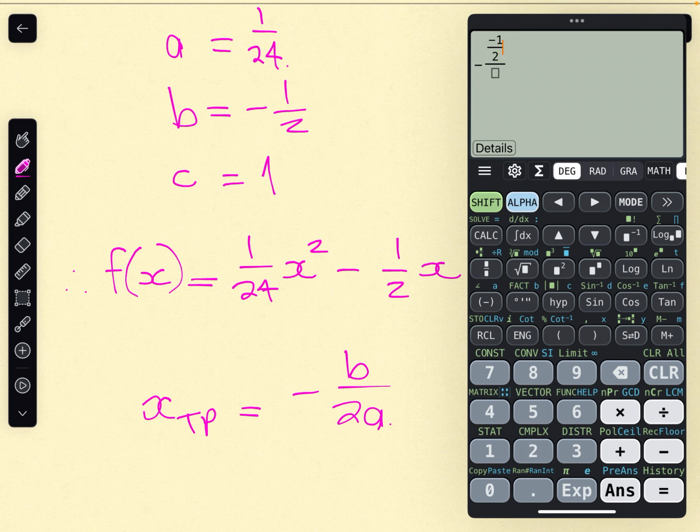Okay, and for those of you who are getting heebie-jeebies, minus 1 over 2 is the same as minus a half, but anyway, I'll just put that minus there for peace of mind. Minus a half divided by 2a, right, and indeed we get that our x is equal to 6. So this is looking like the real deal, right?